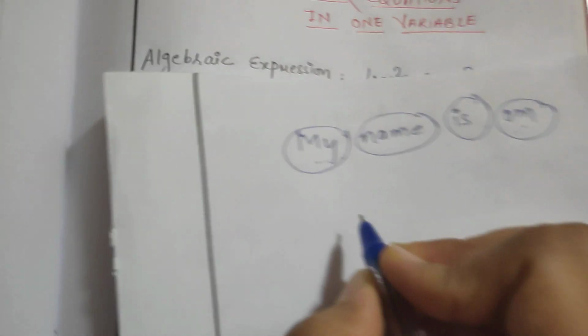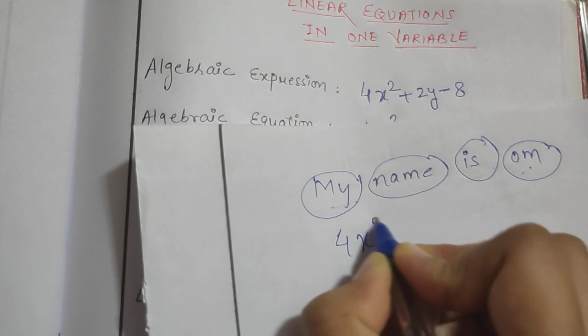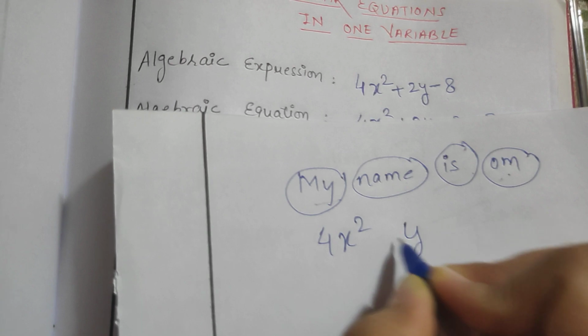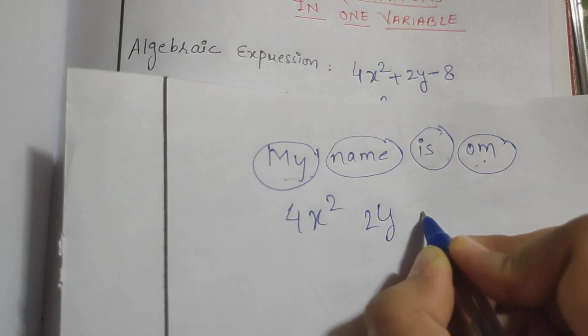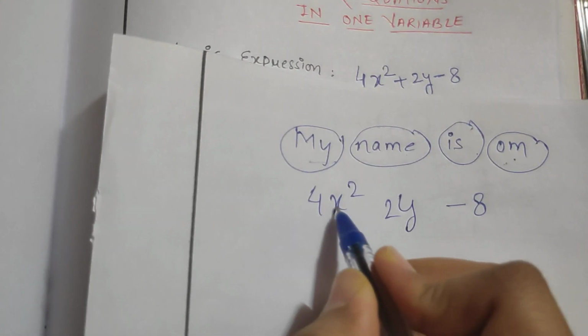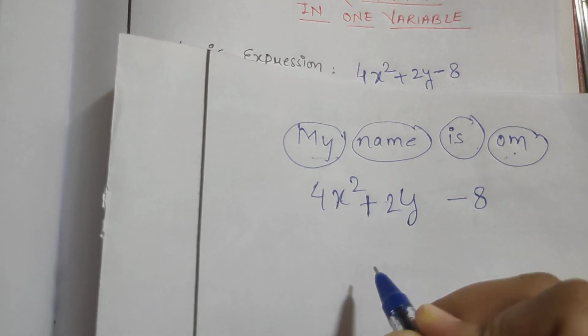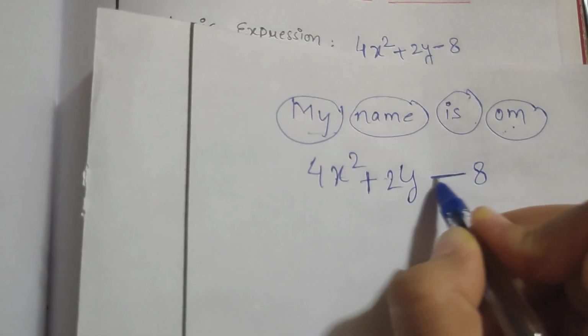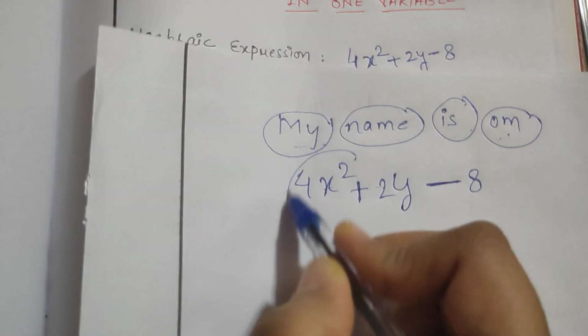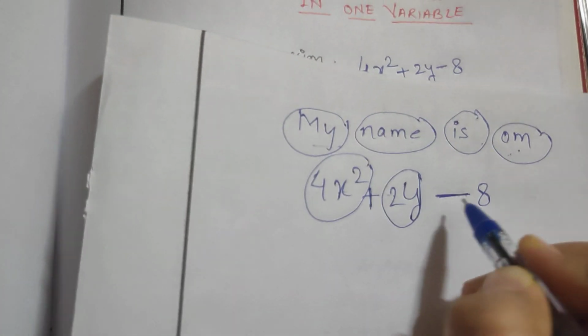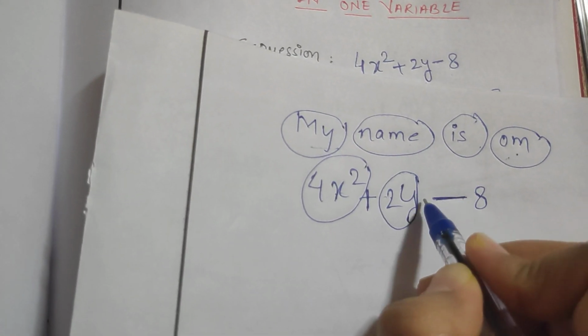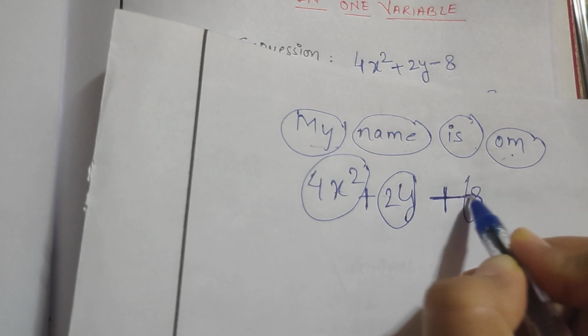Same way in mathematical language, when we add various values by any mathematical operation, like here the operation, let us take, is addition, here it is subtraction. So this is one term, this is another term. This we can also write as plus minus 8.